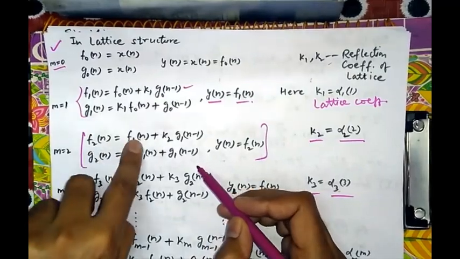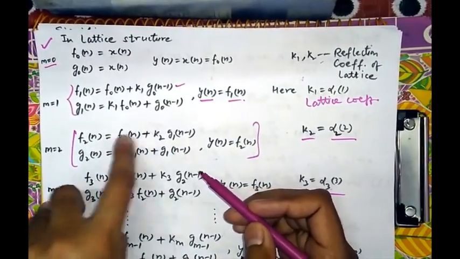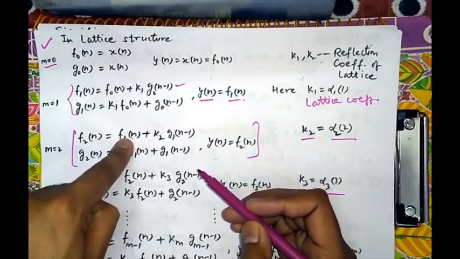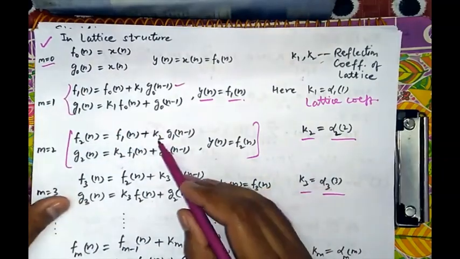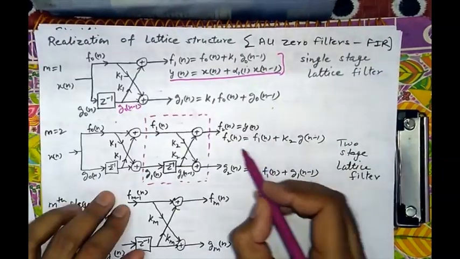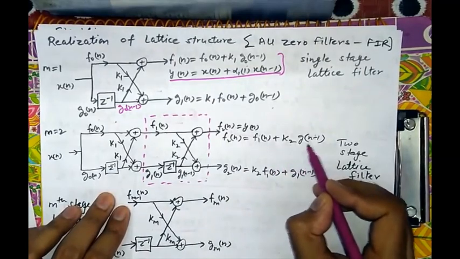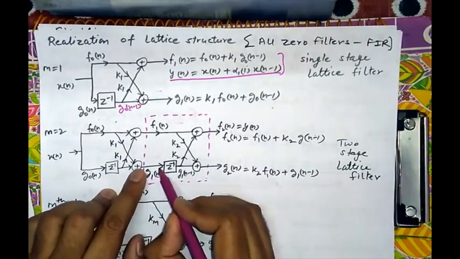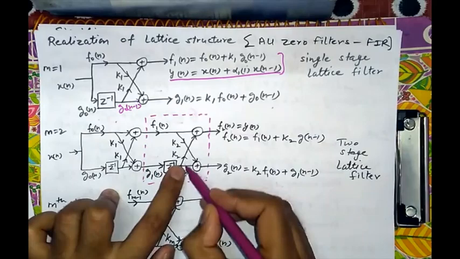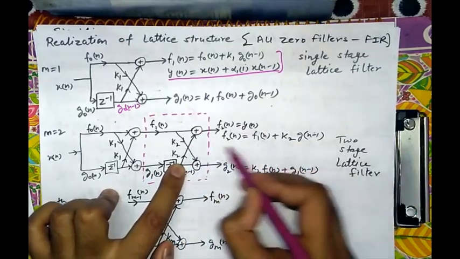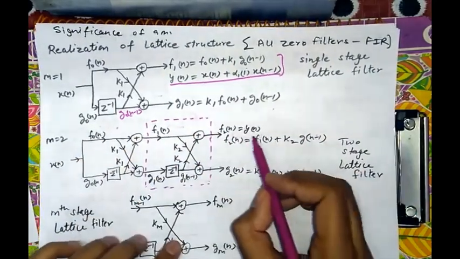Here f2n is equal to f1n plus k2 g1n minus 1, it means the previous input, delayed, multiplied with k2. So f2n is equal to f1n plus k2 times g1n minus 1, that is g1n delayed.